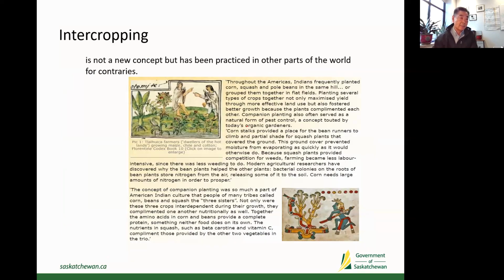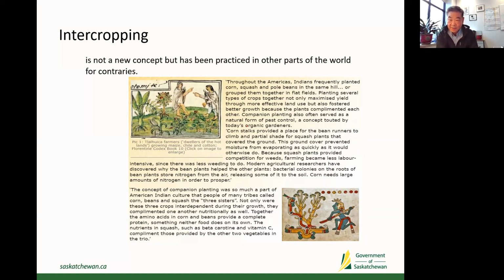Actually, it's not really a new practice. I remember Dr. Martin from the University of Manitoba gave a presentation about intercropping. He looked at the history and found that in northwest China, intercropping has been practiced on almost all crops for hundreds of years.